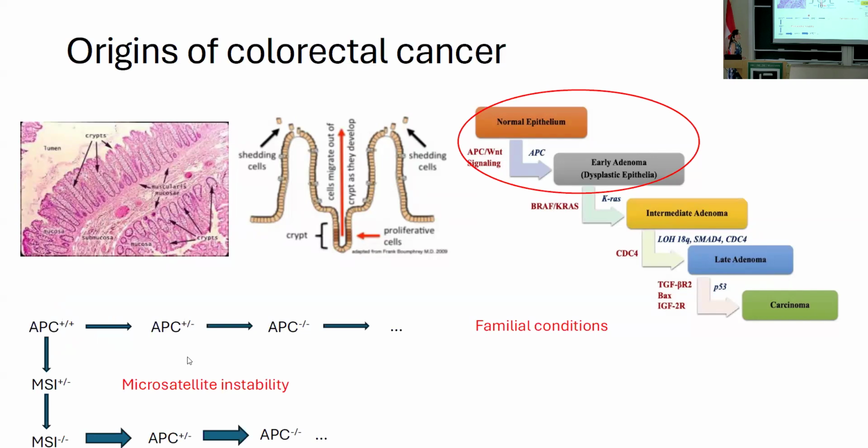For that, I have to talk about microsatellite instability, which I will come back to later in the talk. So this is the straight pathway to cancer from here to here through these two mutations. Another pathway that happens in 13% of cancers is first to inactivate one of the MSI genes.